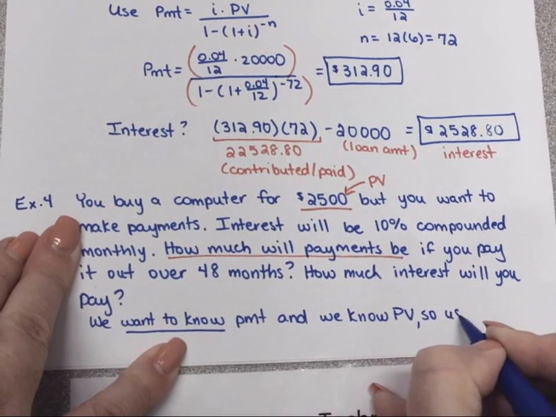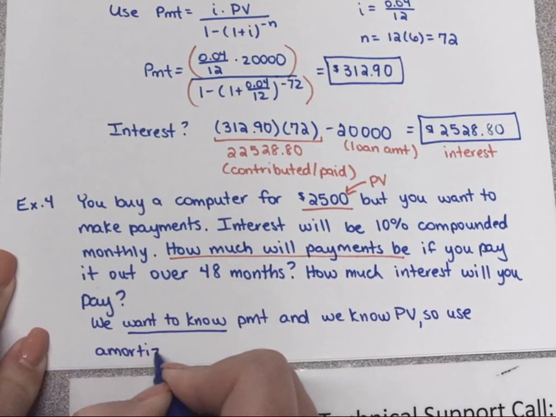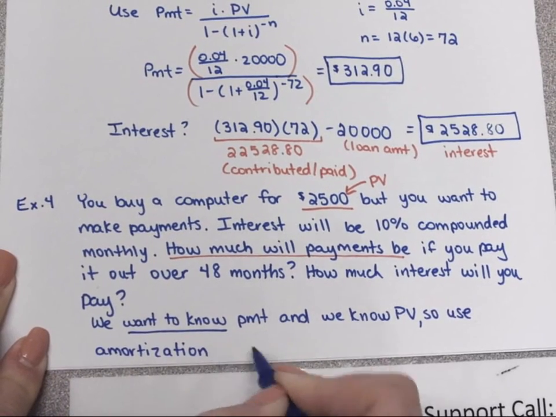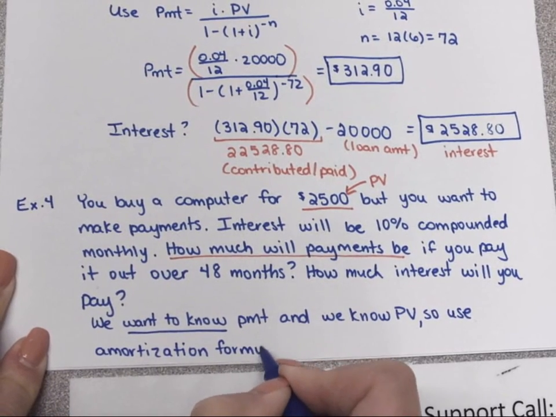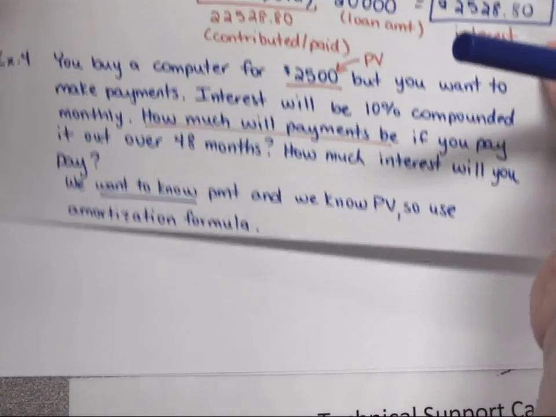So when we have that scenario, we use the amortization formula, because the amortization formula is the one that looks like payment equals, that involves present value.